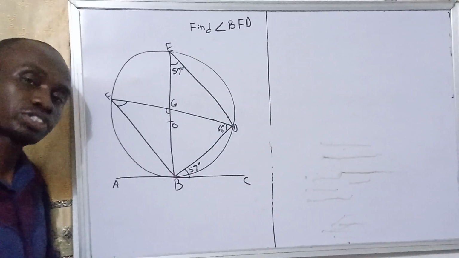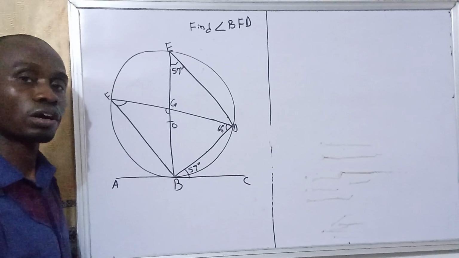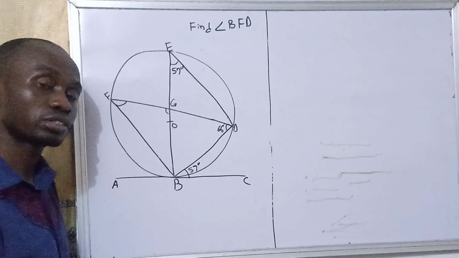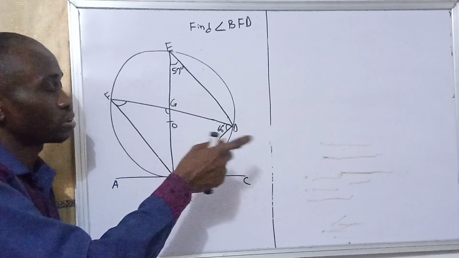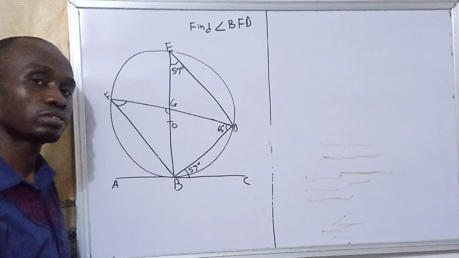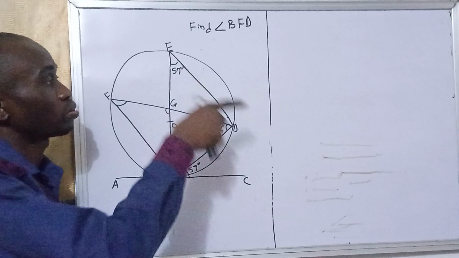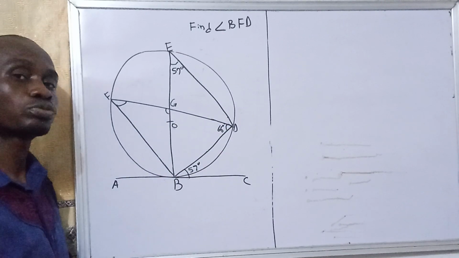So now the question is, how can we get the angle in the alternate segment? It's just the angle that is facing the chord. And the second part is that once you have solved your problem, you need to put your theorems there.